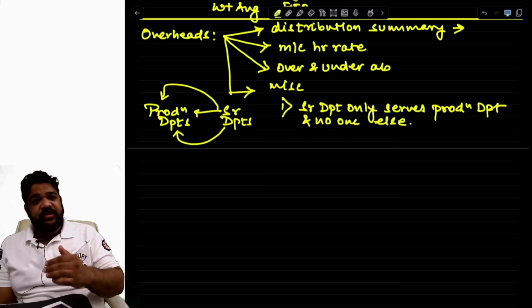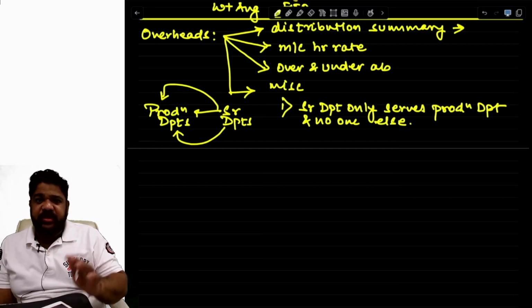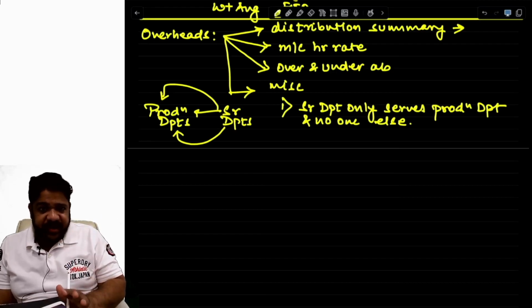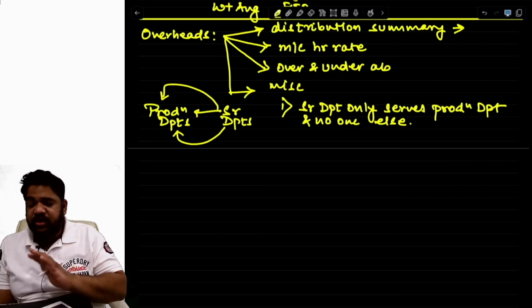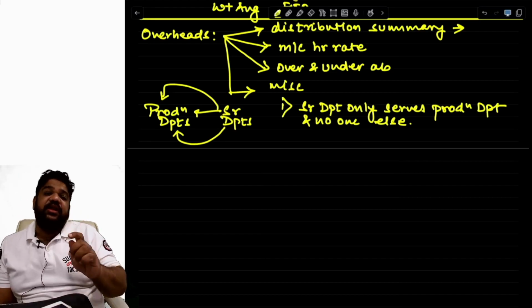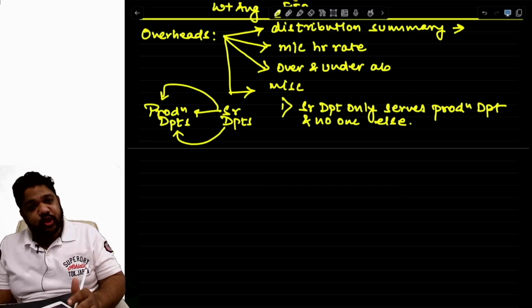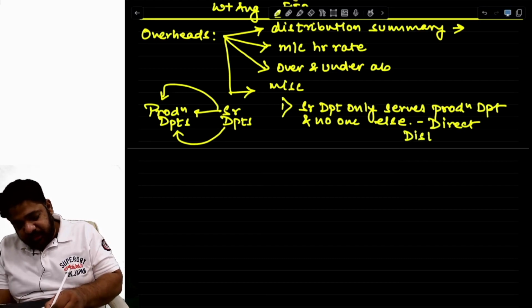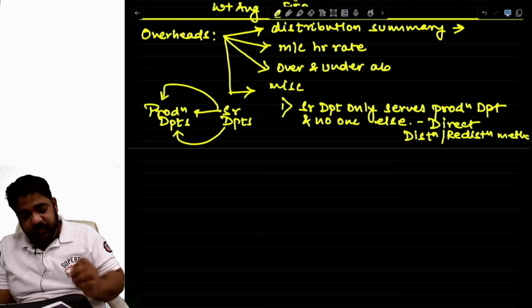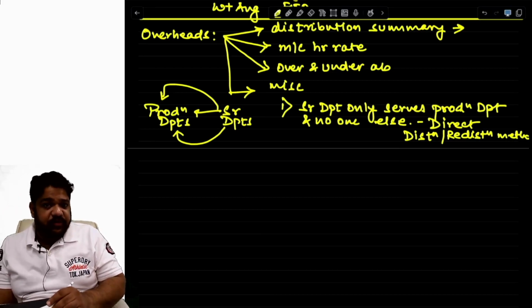By anybody else, I mean other service departments. It will not serve any service department. They will be doing only and only services to the production departments. This is called your direct distribution or redistribution method. This is the first one.